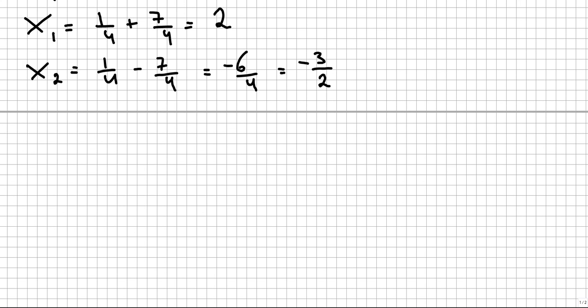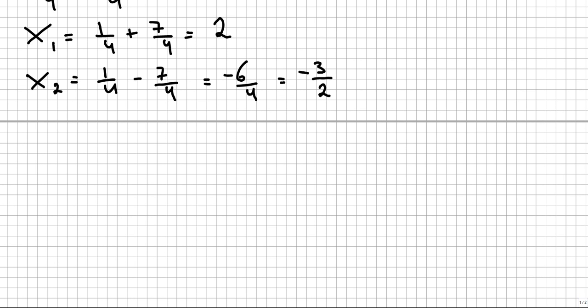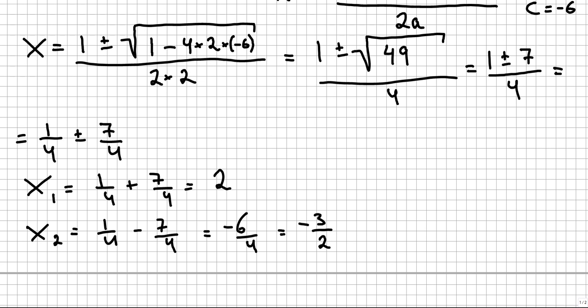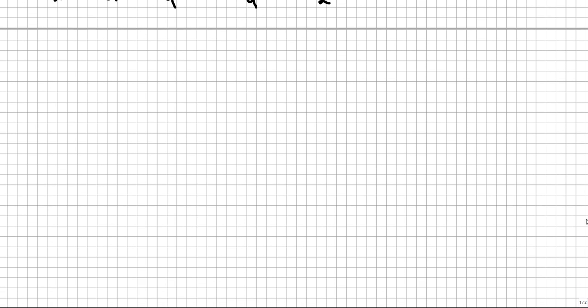Now we're going to do another method that's called completing the square. So let's write down the equation here again. The equation was 2x to the power of 2 minus x minus 6 is equal to 0.